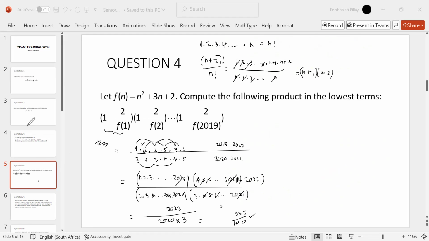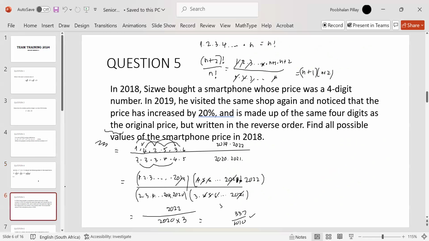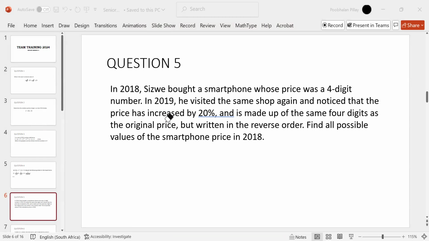All right, so you've got the next question. See, these are all searching problems, but they are very interesting. There are many problems of these types that occur in Olympiads.